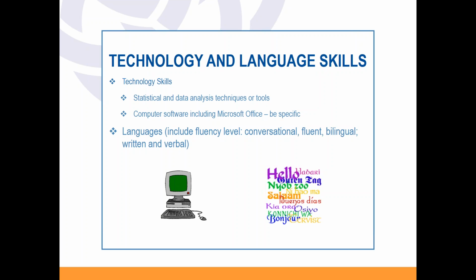For technology, you want to list the simple stuff like the Microsoft Office products. But if you know any other statistical software or databases, or if you worked in specific databases at one of your jobs, list the name of what that was.